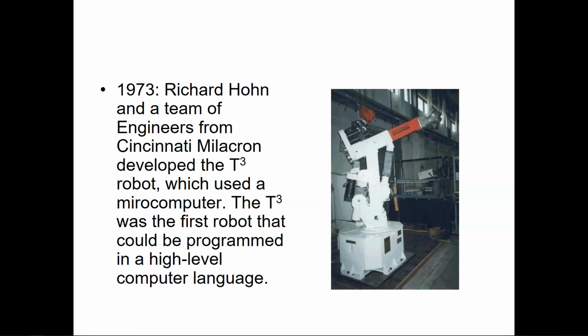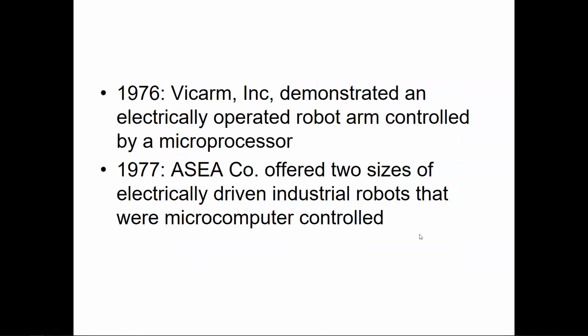In '73, Richard Hohn and a team of engineers from Cincinnati developed the T3 robot, which used a microcomputer, and it became the first one that was able to be controlled by a high-level computer language. So we're just moving right along in the technology world.